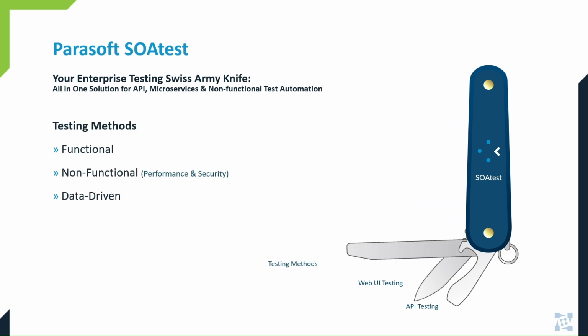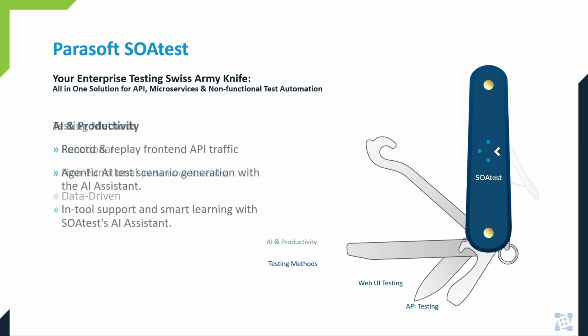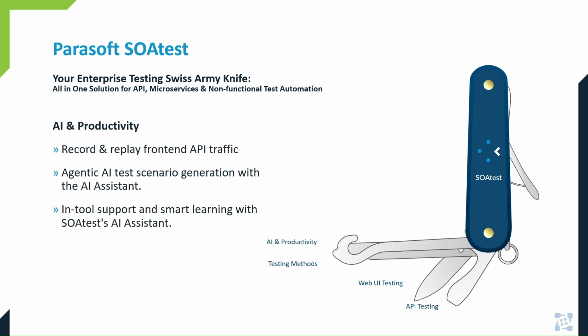SOATest supports functional as well as non-functional test methodologies, such as performance or security penetration testing, and it provides an easy and again codeless strategy to data-drive test cases. SOATest is, of course, enhanced with AI and ML capabilities to help teams to increase their testing productivity. It offers a record and replay test generation capability for front-end APIs, which we will explore in more detail shortly.